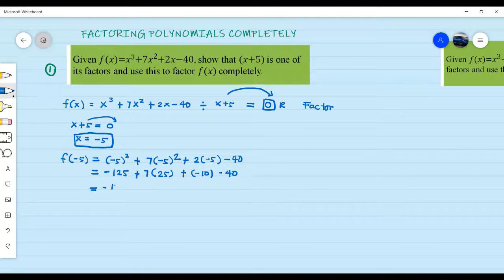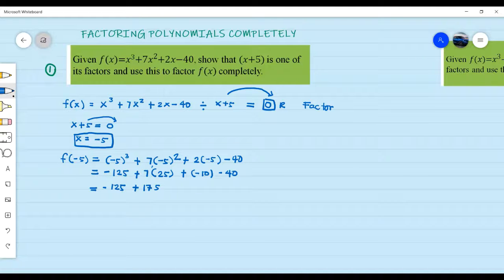This will be negative 125. And then this is 7 times 5 is 35, carry 3. So we have there 3. 7 times 2 is 14 plus 3, 17. So that's 175 positive.